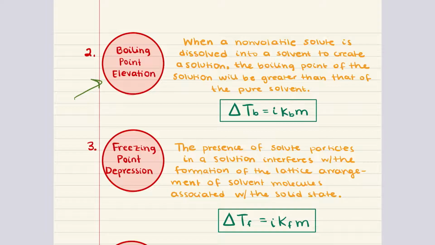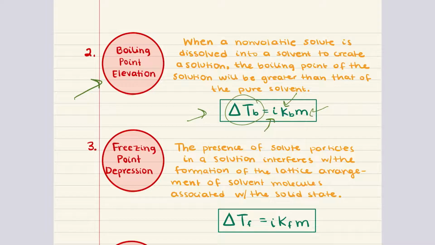The boiling point elevation can be calculated using this equation right here, where delta TB is the increase in boiling point, i is the Van't Hoff factor, Kb is the proportionality constant that's characteristic of a particular solvent. This is going to be provided on test day, and m is molality.